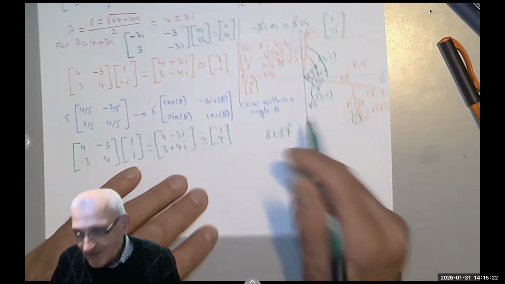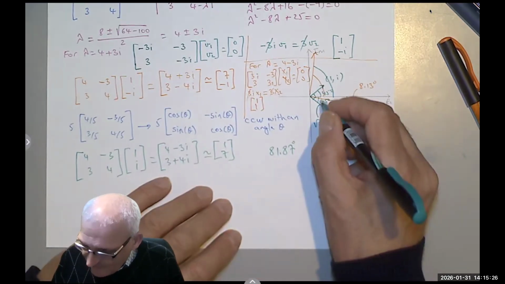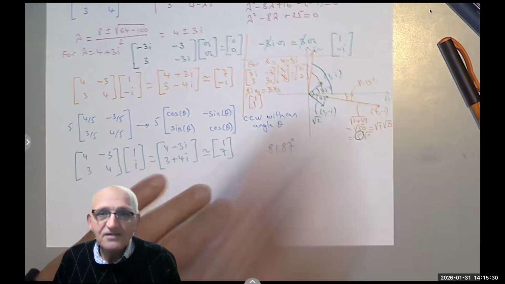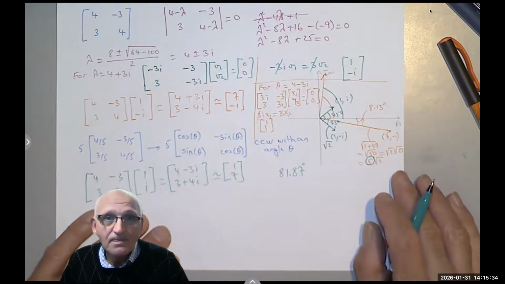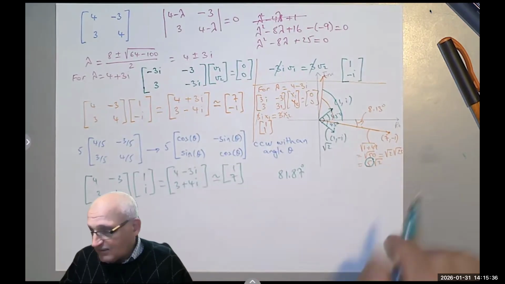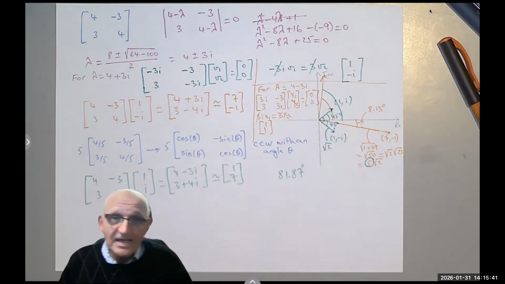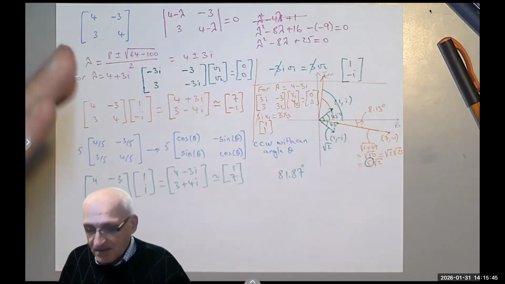Why do I keep saying weird stuff. I hope I didn't confuse you. So this is 45 plus 36.87 because we are rotating counterclockwise. Okay, so now we proved that really when the eigenvalues are complex, you are rotating, not only stretching or shrinking.